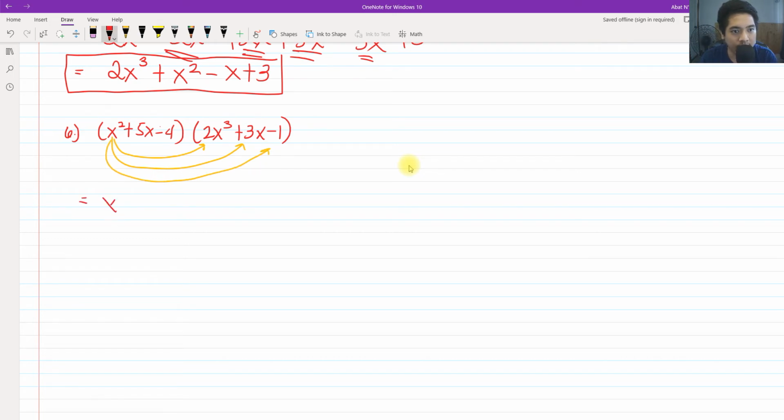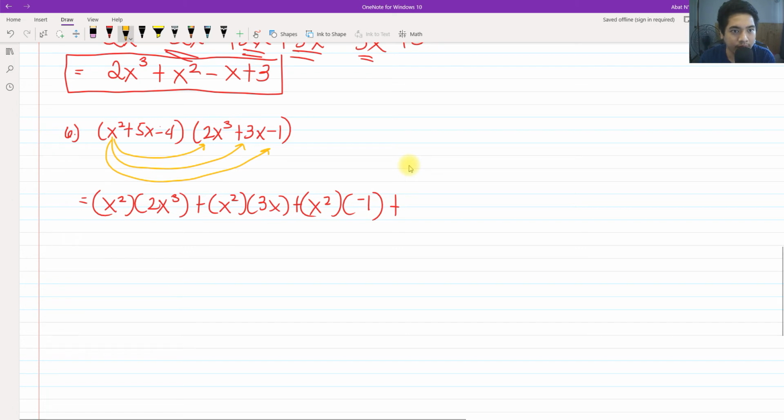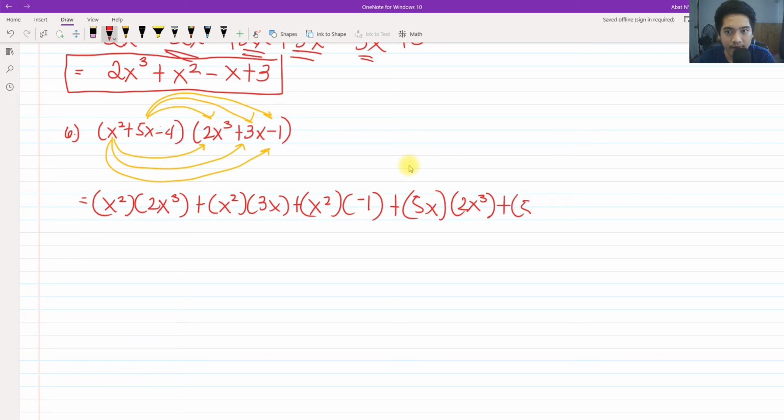So we have x squared times 2x cubed plus x squared times 3x plus x squared times negative 1. And then the second term, 5x: 5x times 2x cubed plus 5x times 3x and then 5x times negative 1.